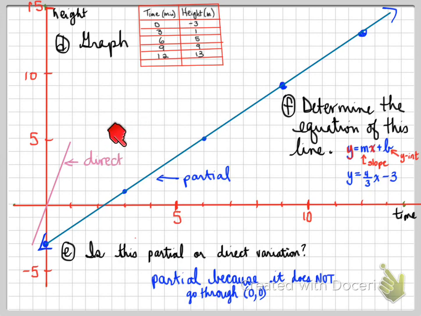So it goes up 4 over 3. 1, 2, 3. And so the slope was 4 over 3, folks. And it was just because I wasn't paying attention to the scale. That's really important. Okay, so back to over here. The equation is y equals 4 over 3x minus 3.